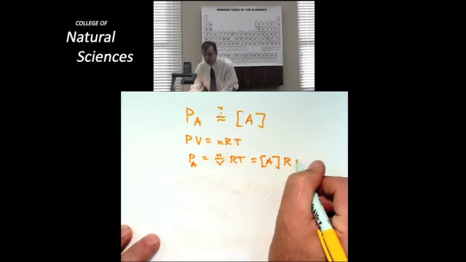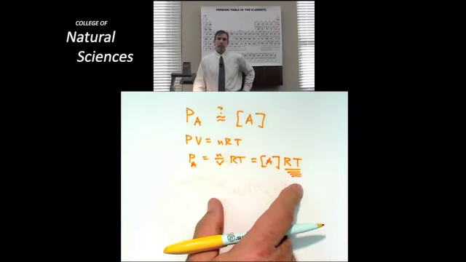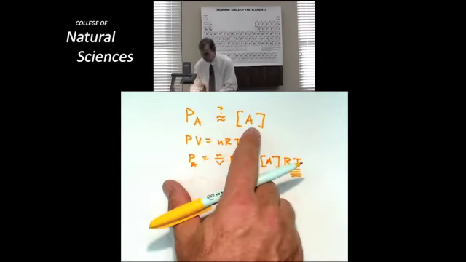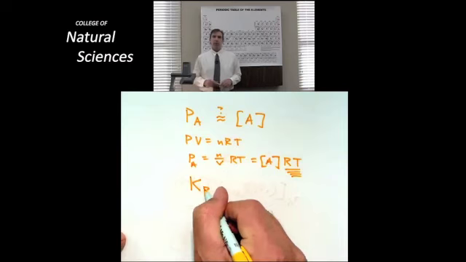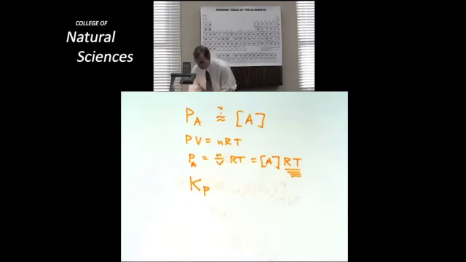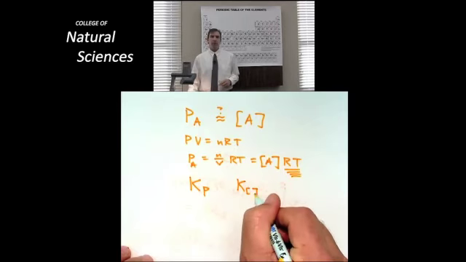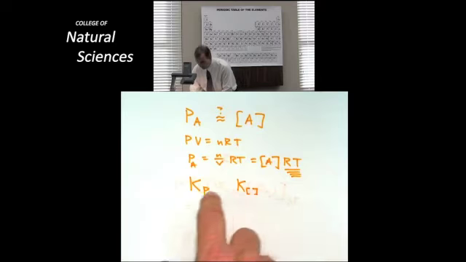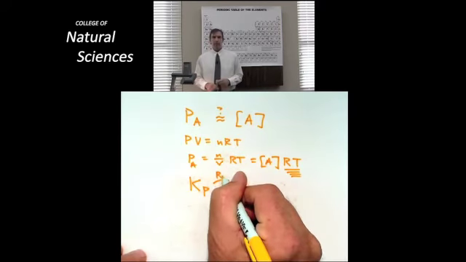So the answer to the question, is there a simple relationship between the pressures and the concentrations, and specifically the pressures written into equilibrium constants and the concentrations associated with equilibrium constants? There is a relationship between these, and this relationship is found through RT.